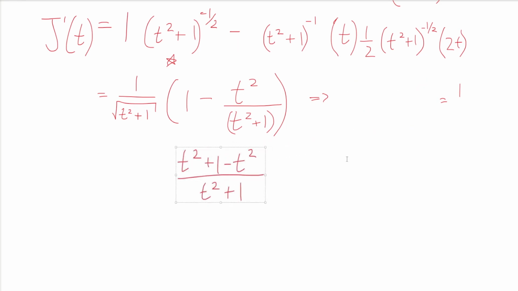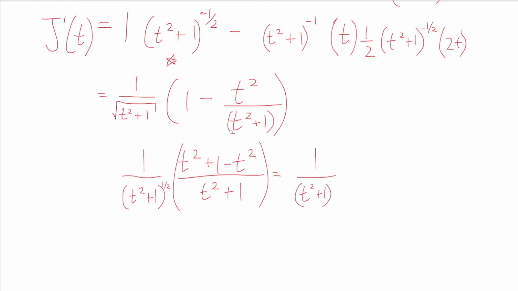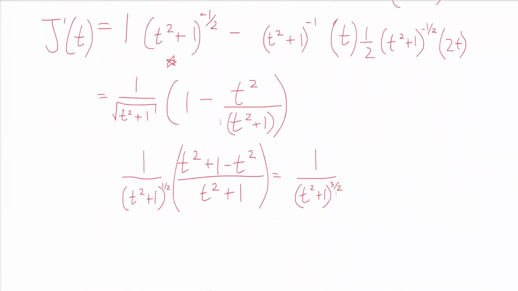Boom. Okay, boom. 1 over the square root, so I'm just going to do this. T squared plus 1 to the 1/2 times that. And so that could be 1 over. So the whole thing is, boom. That ended up looking pretty nice.